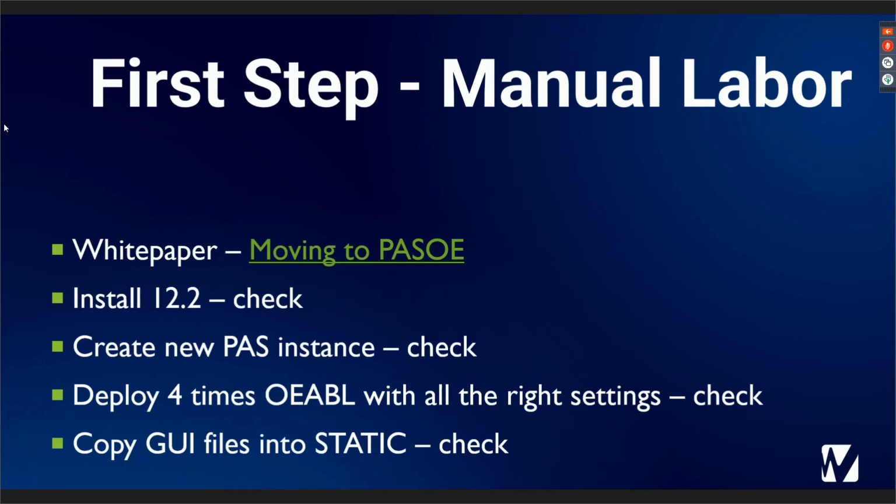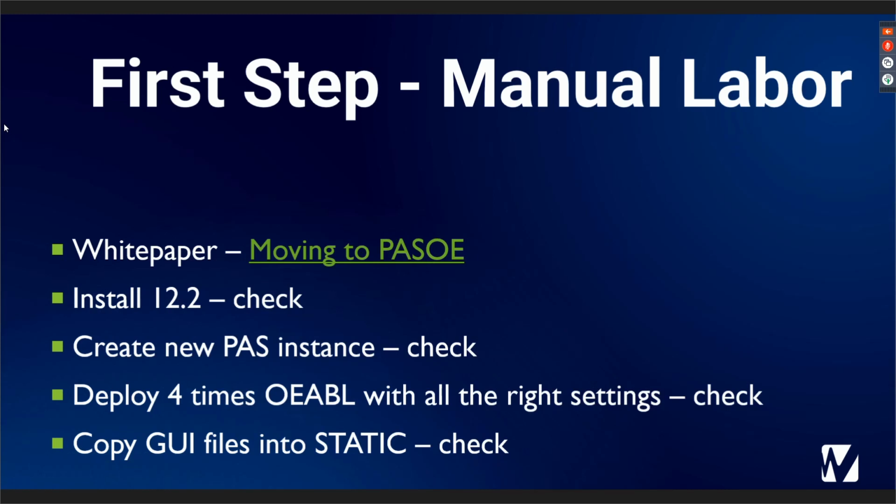11.7.5. First thing that I did was to check for some information about moving to PASOE. So I found the white paper. There you have a link, actually, that one is the link for that white paper that you can find on the Progress side, and it's about the migration.